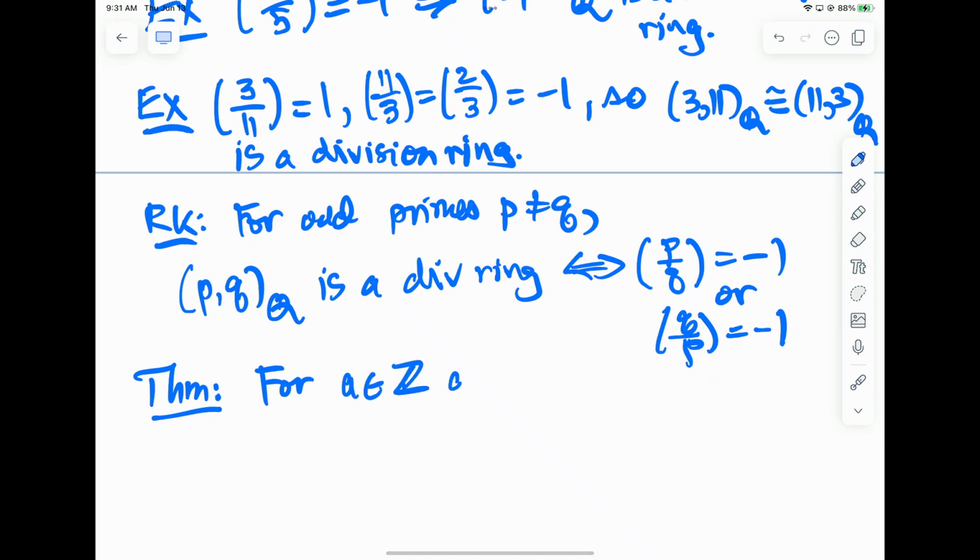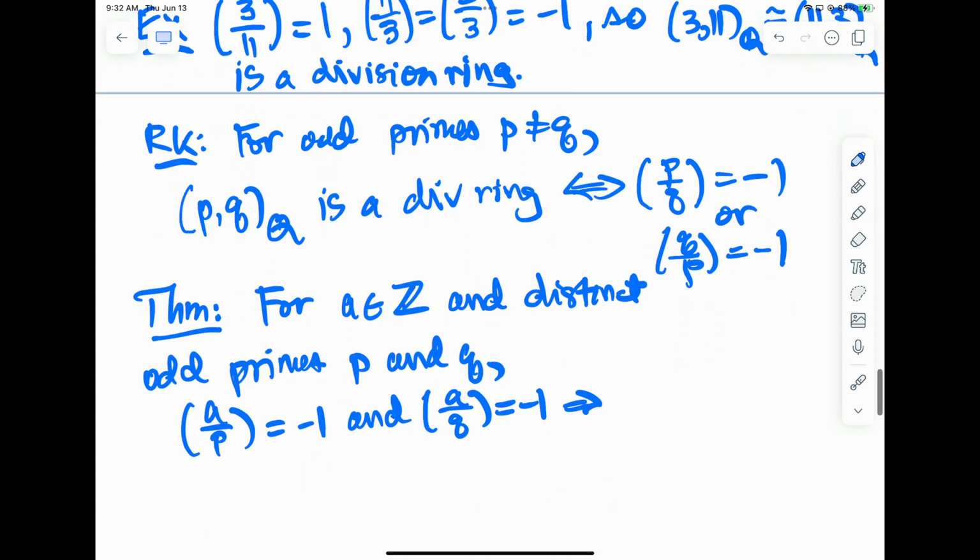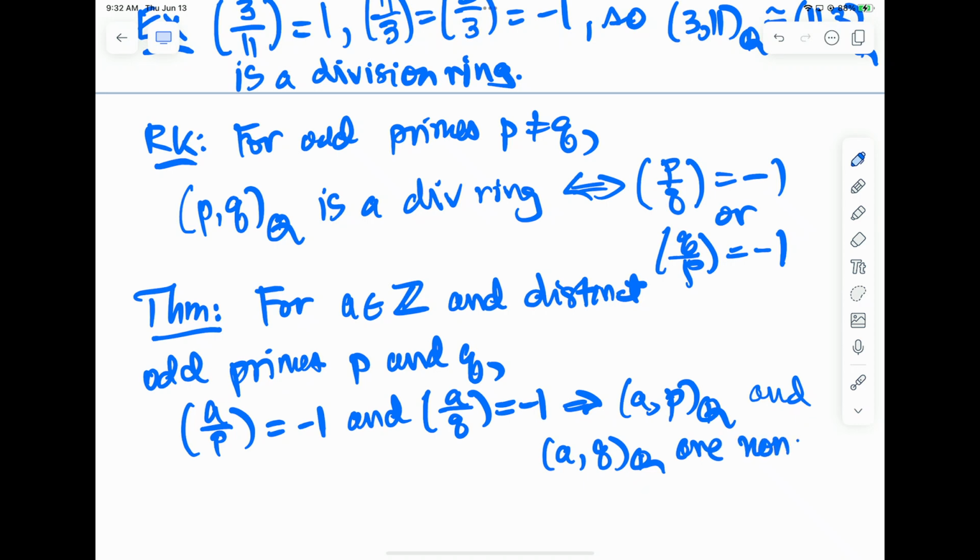If you have an integer A and distinct odd primes P and Q, if these two Legendre symbols are -1, then these quaternion algebras built from A and P and A and Q are non-isomorphic quaternion algebras.